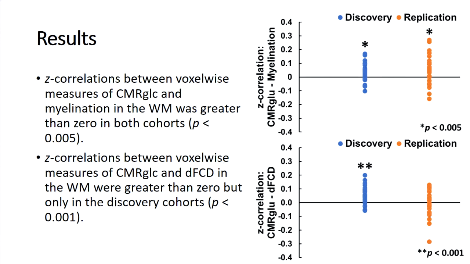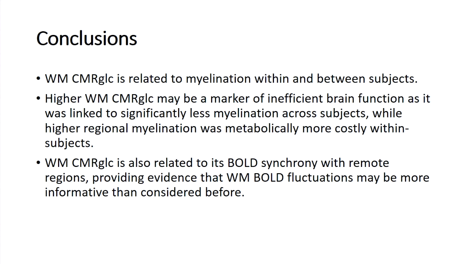We saw a stronger correlation in one cohort, but in the other cohort this wasn't really reproducible. That could be because this phenomenon is not true, or it could be because of the different sensitivity of the sequences. It would have been nice to have the same sequence for the two cohorts, but we learned from this approach as well.